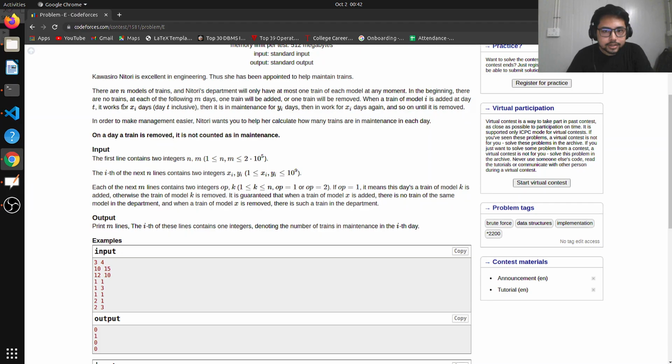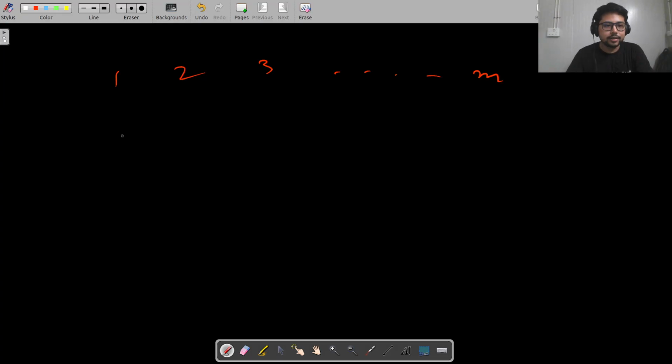For instance, train numbers are from 1 to n, and for our example we can consider there are 4 trains and the number of days are 5.